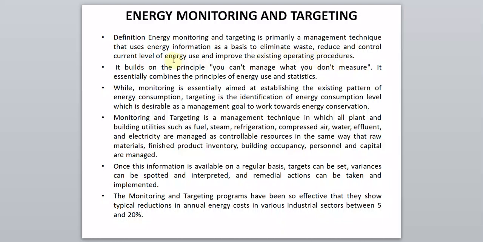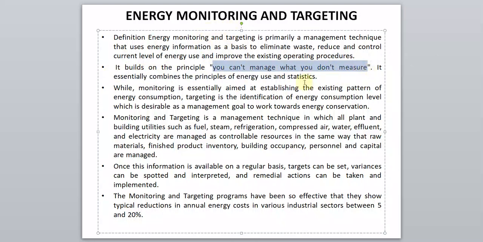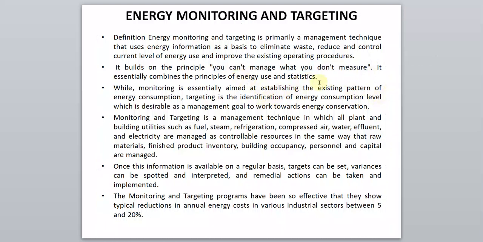Now here there is a line which we are going to see: you can't manage what you don't measure. This is a very important line as far as energy monitoring is concerned. Now I can explain this line. In order to manage or control a particular thing, you have to know the exact measurement of that thing.